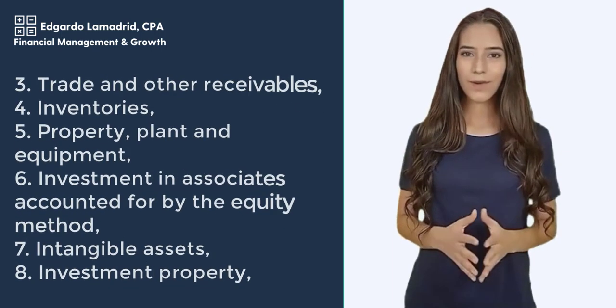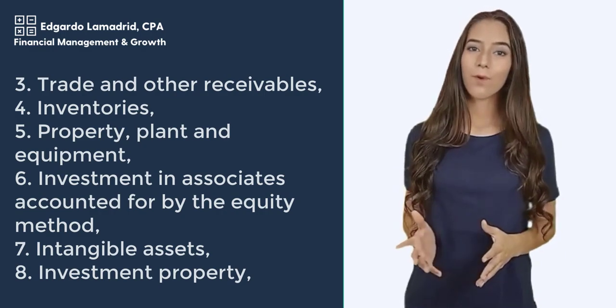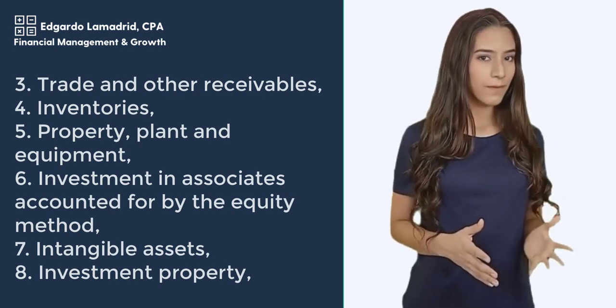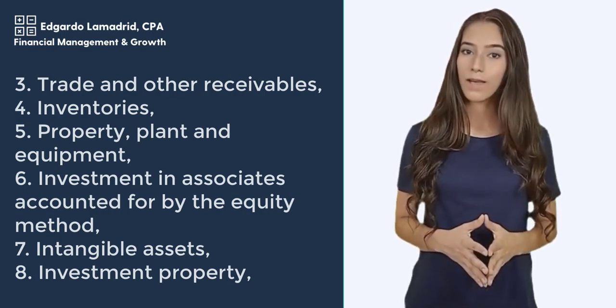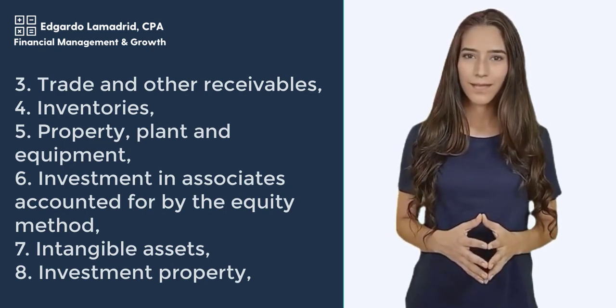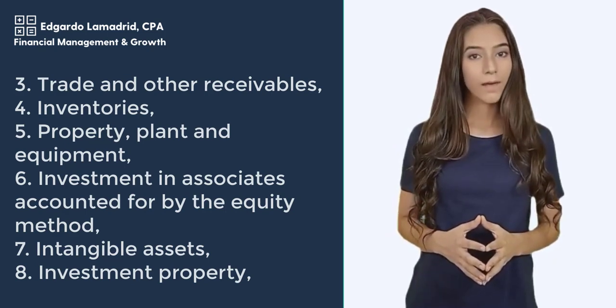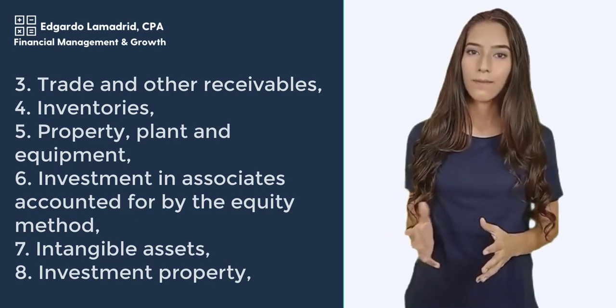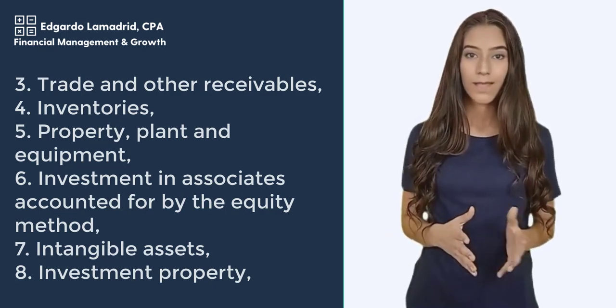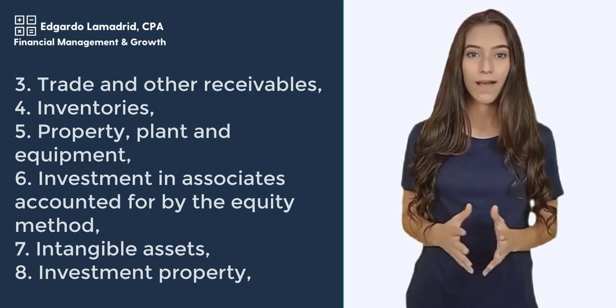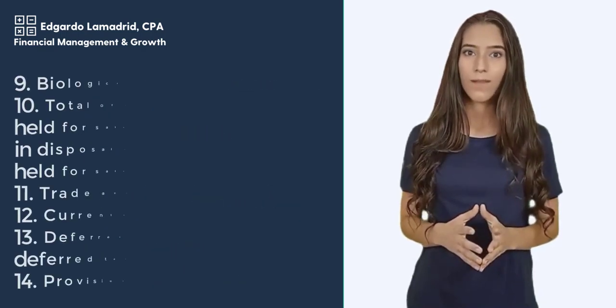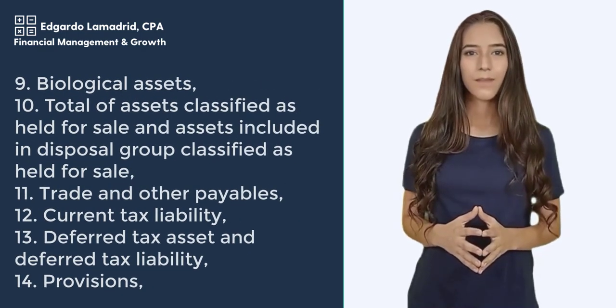Third is trade and other receivables. Fourth is inventories. Fifth is property, plant and equipment. Sixth is investment in associates accounted for by the equity method. Seventh is intangible assets. Eighth is investment property. Ninth is biological assets.